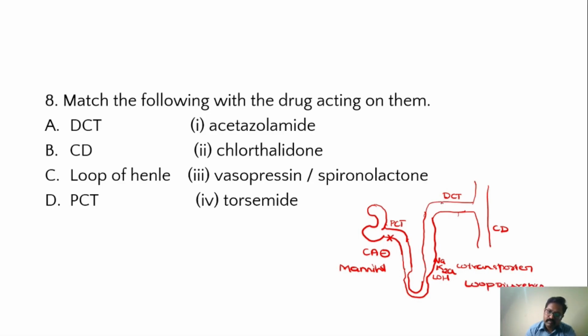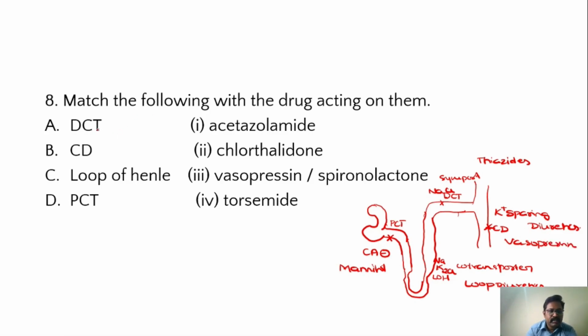And the drug which is blocking the sodium chloride symport at the distal convoluted tubule is the thiazides. And the drug which is acting at the collecting duct is your potassium sparing diuretics, as well as the vasopressins.